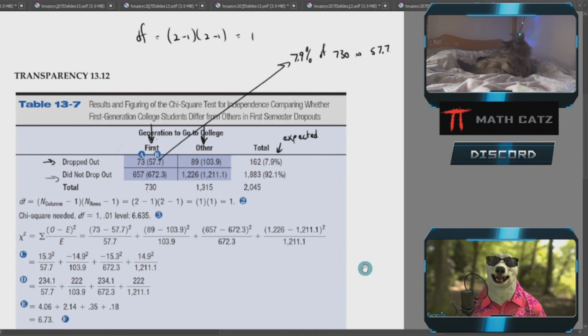And the second is the chi-square test for independence of these kinds of variables. When I'm comparing two, they don't have to have the same number of categories. It doesn't have to be 2 and 2, but I'm comparing the observed and the expected frequency to decide if these two variables are independent of each other.